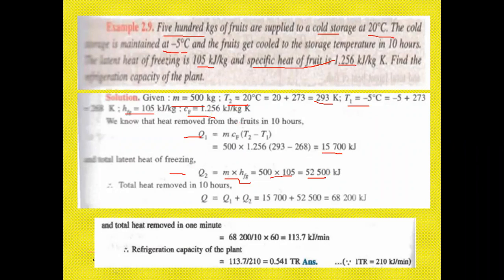Therefore the total heat removed in 10 hours is Q equal to Q1 plus Q2. That is 15,700 plus 52,500, that is 68,200. That is the total heat removed in 10 hours. So what is the refrigeration capacity?